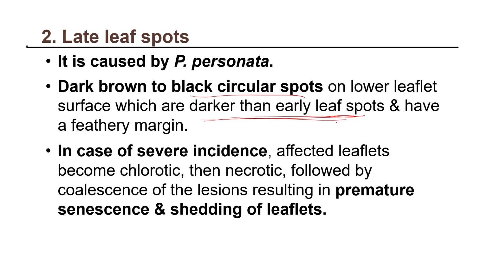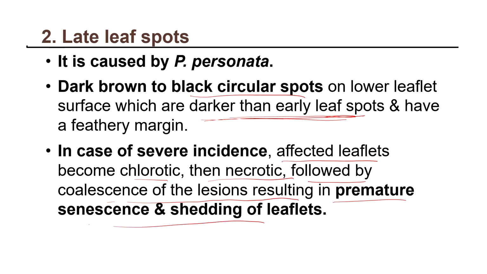This is the only difference. They are darker than the early leaf spot and have a feathery margin. In case of severe incidence, affected leaflets become chlorotic, then necrotic, followed by coalescence of the lesions, resulting in premature senescence and shedding of leaflets.